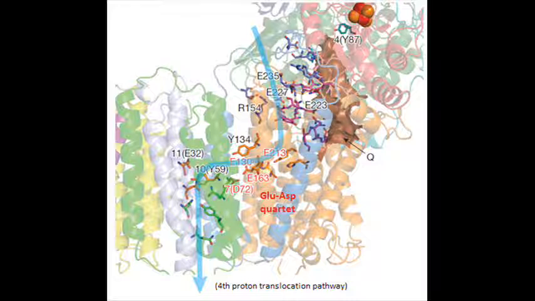Charged residues extending from the Q site to a glutamate aspartate quartet in subunit NQO8 interact electrostatically to generate the first conformational changes in the protein. Proton flow in the 4th proton translocation pathway is conceivably regulated at this quartet.